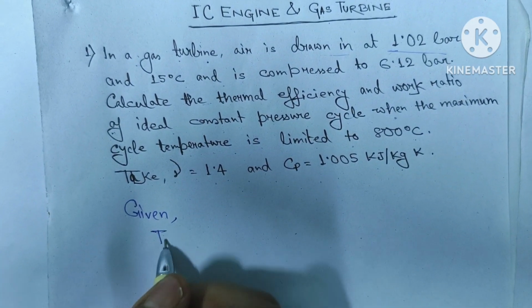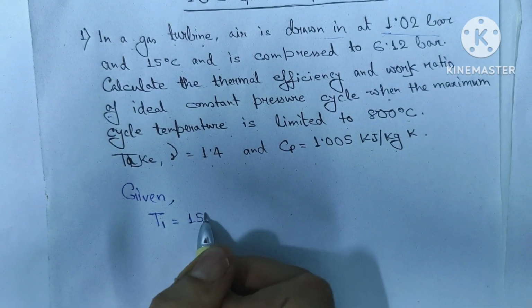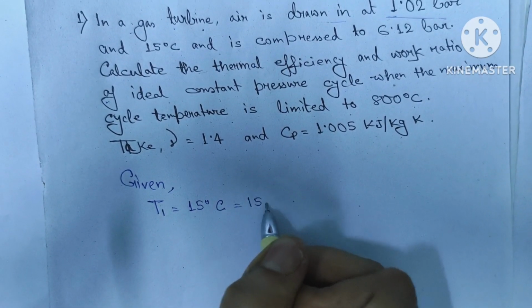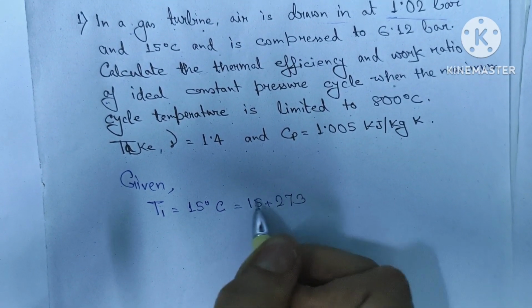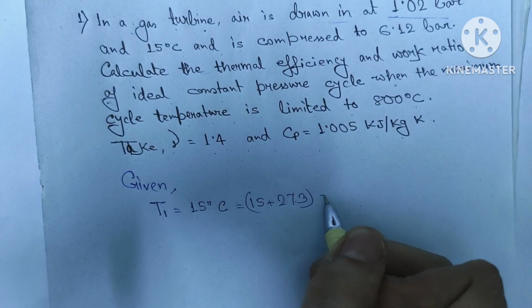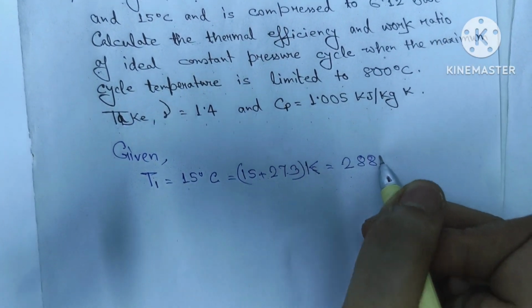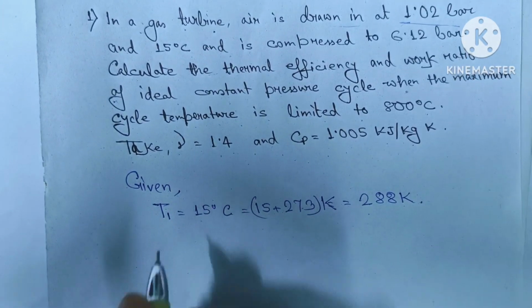So T1 equals to 15 degree centigrade equals to 15 plus 273 Kelvin equals to 288 Kelvin.